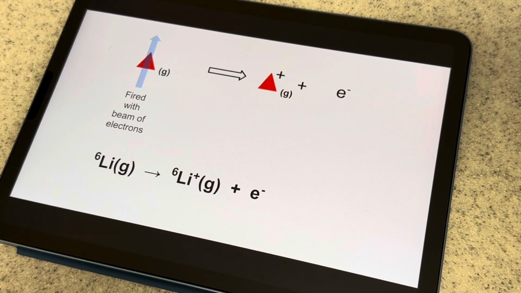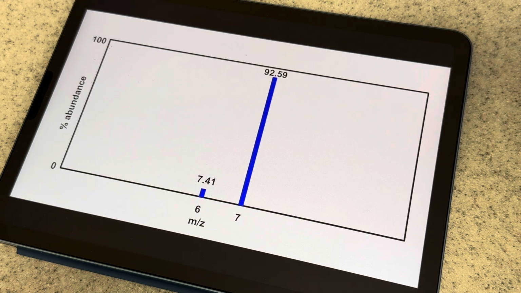So if we think about the mass to charge ratio, M divided by Z, mass divided by charge, we're dividing the mass, 6 in this case, by 1 plus. If we divide by 1, we've still got 6. So the M over Z ratio of this is the same as the mass of the atom. So we've looked at the x-axis. We'll have a quick look at the y-axis now.